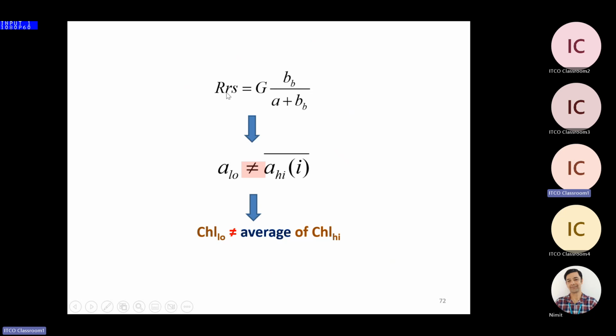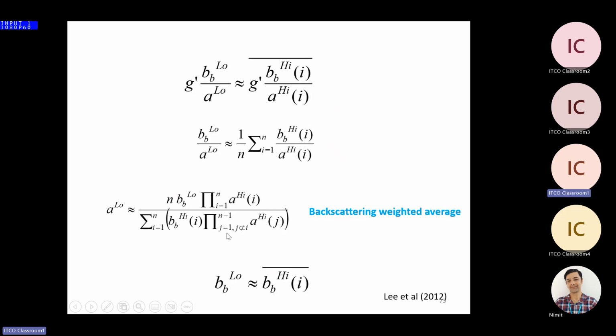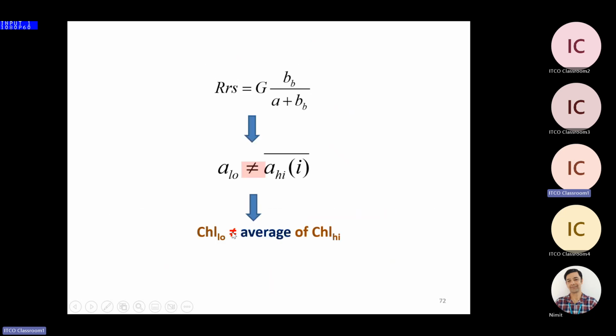So an average of Rrs does not mean the absorption of low resolution is an average of absorption of high resolution, because this a is in the denominator of Rrs. And we just mentioned that chlorophyll is simply some kind of rescaled total absorption. Then the chlorophyll of low resolution is not the arithmetic average of chlorophyll of high resolution.